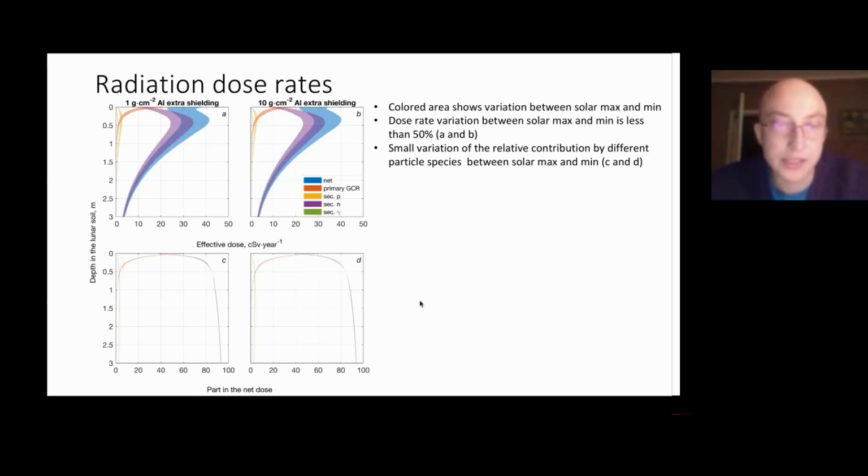An interesting thing here is that while the effective dose varies up to, I don't know, 40% depending on the solar cycle, the relative contribution of different species to the net dose varies only within 3%.